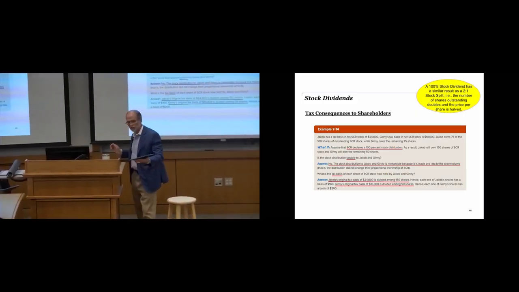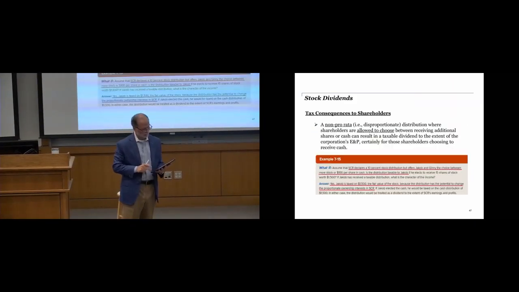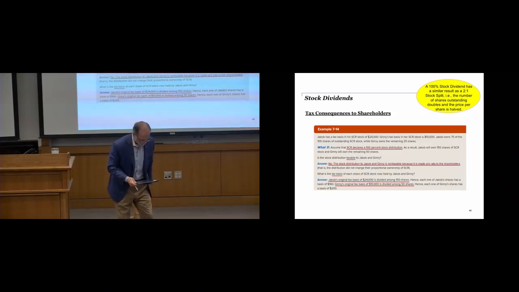Esmeralda. Jacob has a tax basis in his SCR stock of $24,000. Jenny's tax basis in her SCR stock is $10,000.